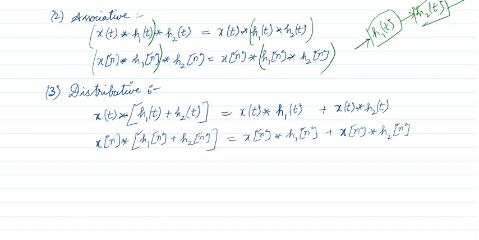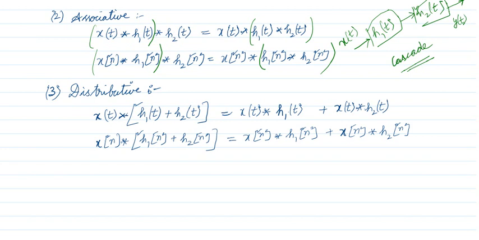I give the input x and get the output y. So y is nothing but the input convolved with h1, and the result is convolved with h2. You see, x of t is convolved with h1 and the answer is convolved with h2.